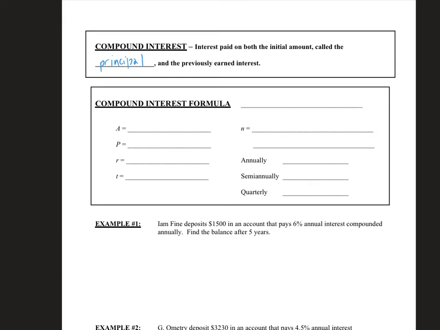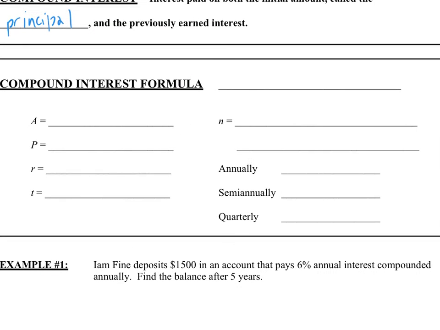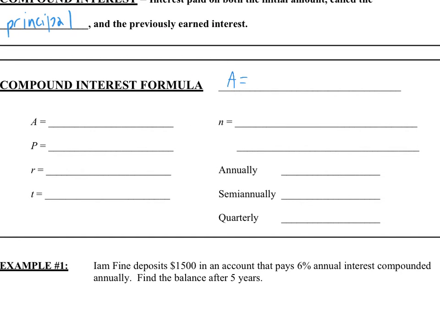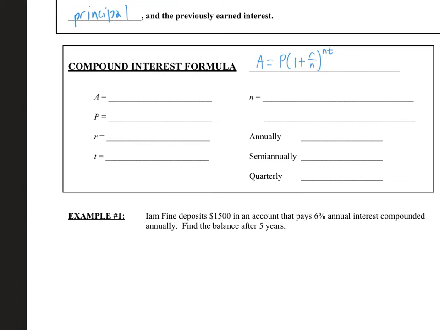So you're actually paying interest on more than just the original amount, which, if you're working in a bank at least, a banking establishment or organization, a good interest rate and using compound interest will be a good thing. But so here's the compound interest formula. We have A equals P times 1 plus R over N, all to the NT.